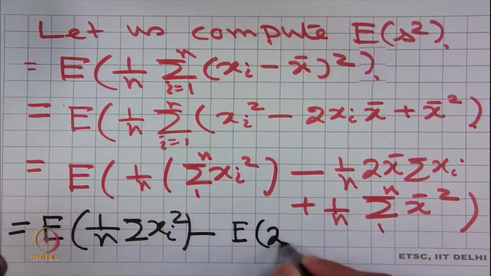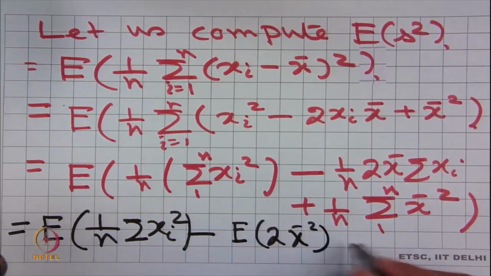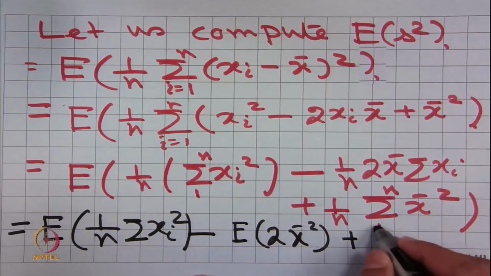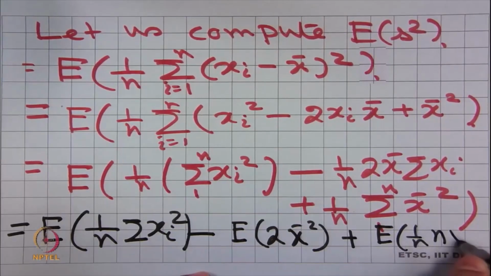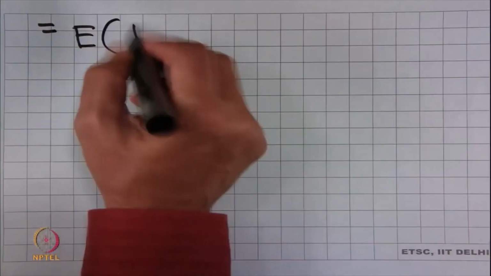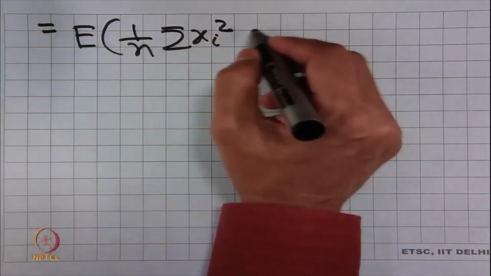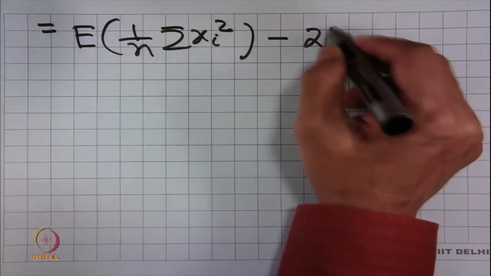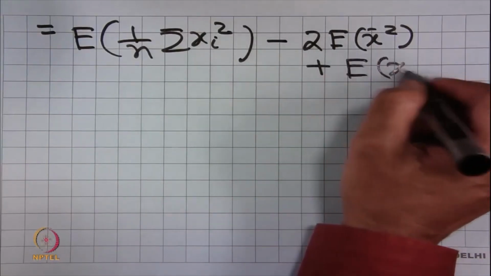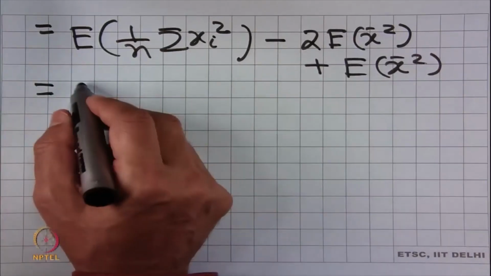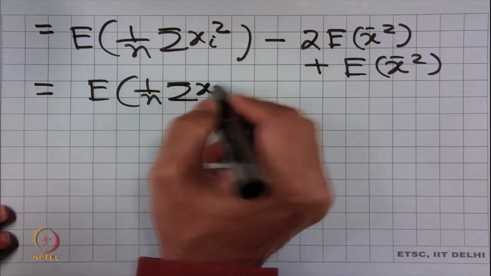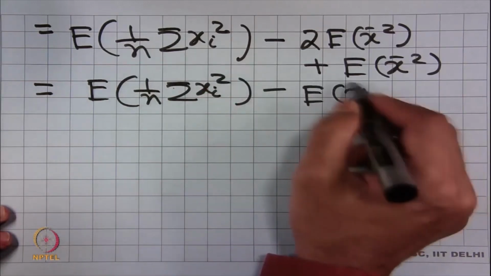Therefore, it is 2 x bar square, plus expected value of 1 by n into n x bar square, is equal to expected value of 1 by n sigma x I square minus 2 times expected value of x bar square plus expected value of x bar square, is equal to expected value of 1 by n sigma x I square minus expected value of x bar square.